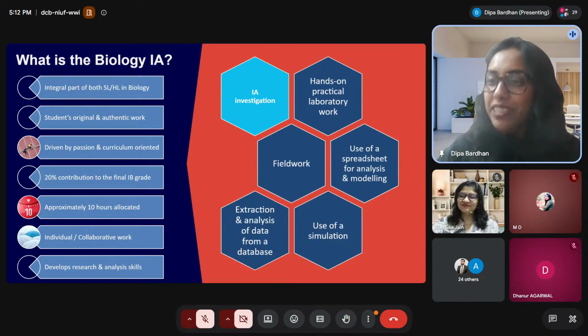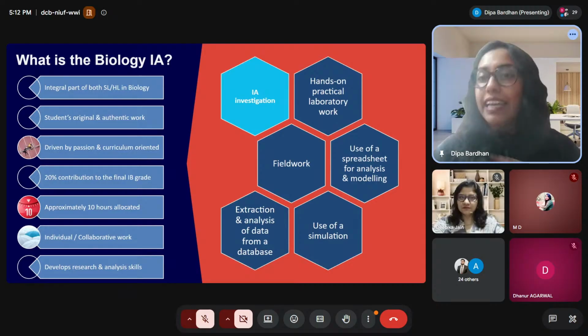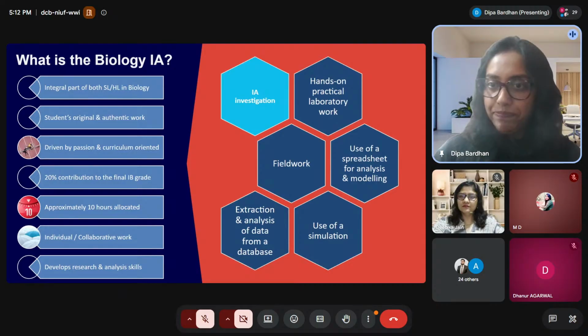Authentic and original, no need to stress. It just means that the data collected, the method developed or the method practiced for data collection, analysis and evaluation is your own work. It need not be a novel work.